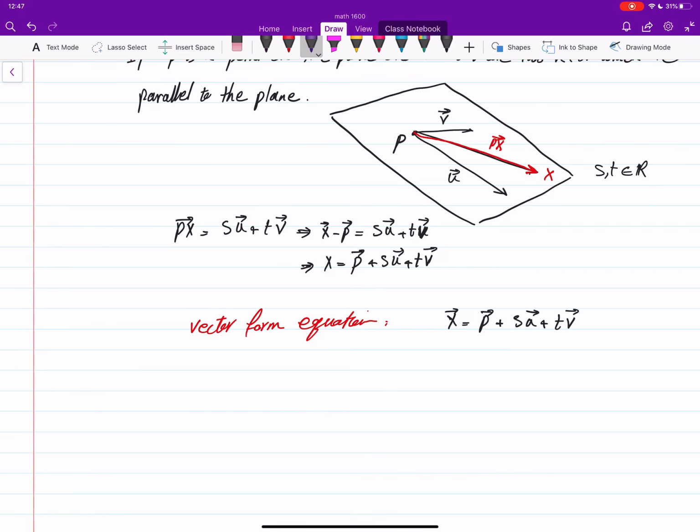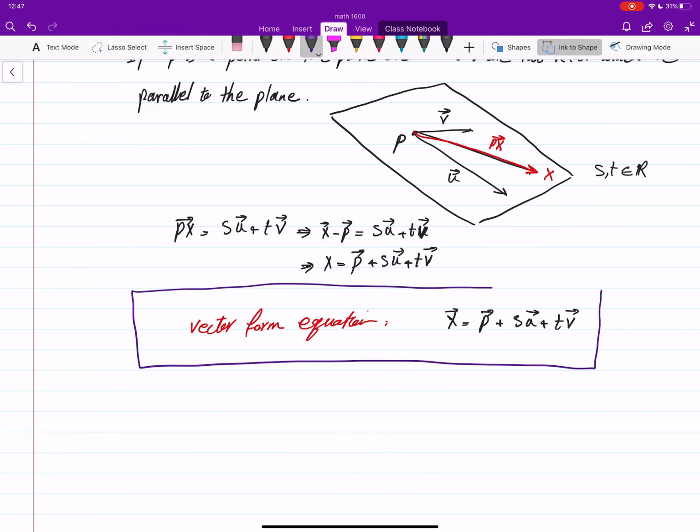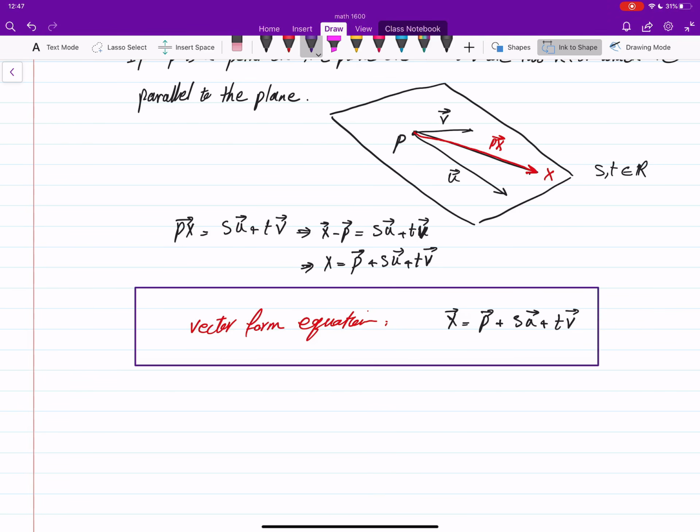That's what we remembered before. It was just P plus SD for one point, but now we have 2 points and two vectors, and we have to combine both of them. So S and T are two scalars.